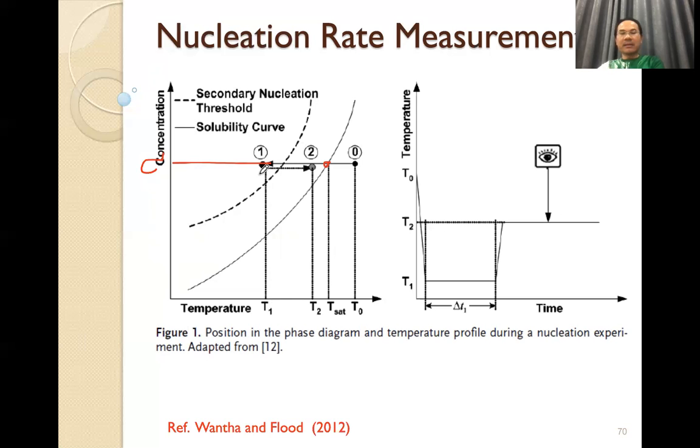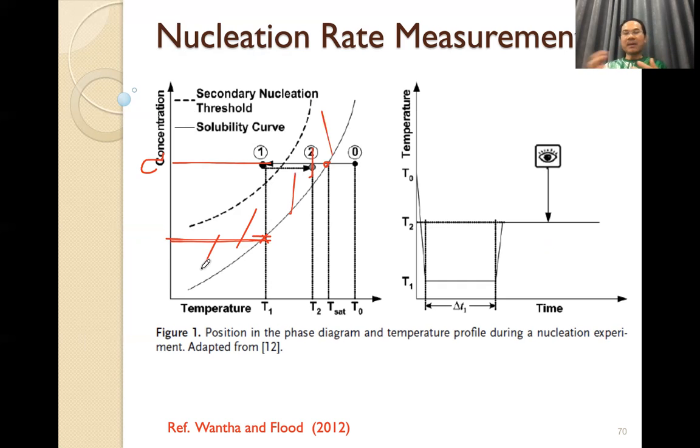At T1, the concentration is constant, but at this temperature the concentration is supersaturated. This is the saturation at T1, and this is the supersaturation, and it is higher than the metastable zone. In this case, it can induce primary or spontaneous nucleation.